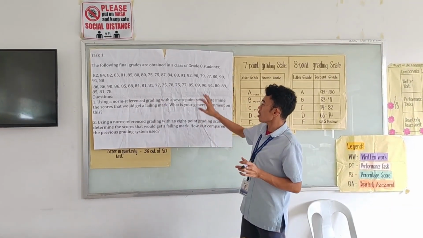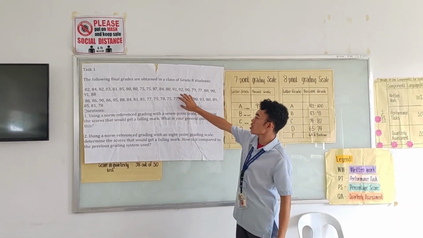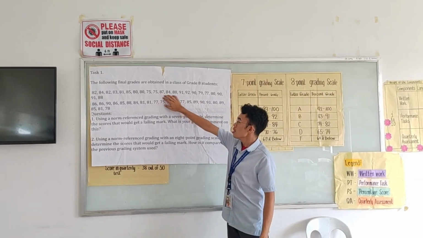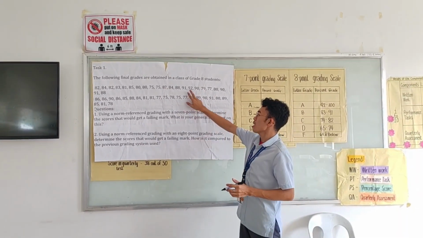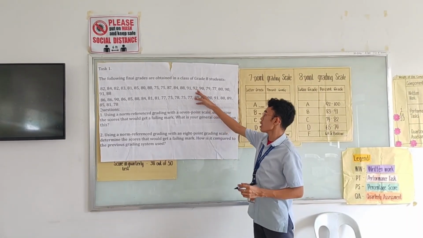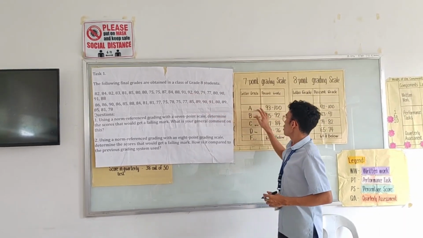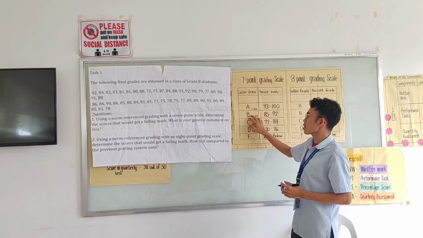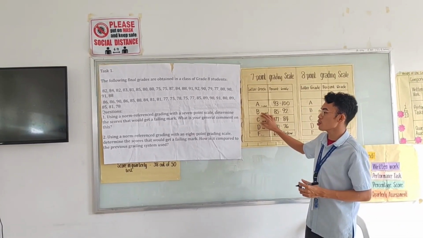Looking at the final grades obtained in the class in set A, the highest grade is 92. In the 7-point grading scale, 92 is equivalent to B, which means the students got a B, which is very good.